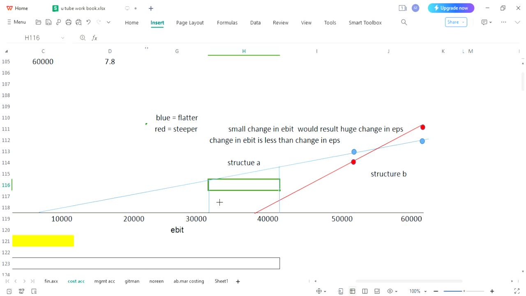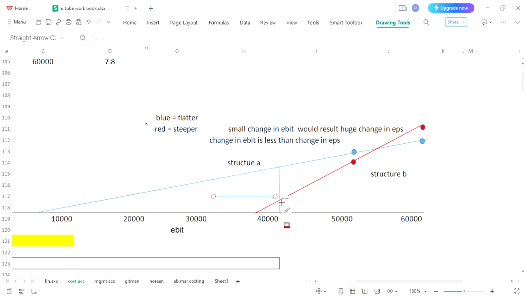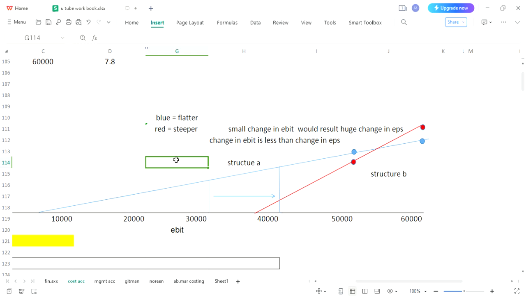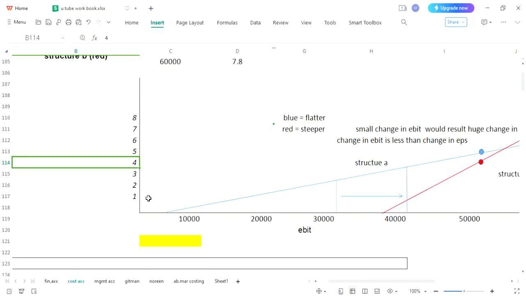Please understand, this is your change in EBIT. Due to this change, what change will come in EPS? For that, you will pick this line and we will use it.